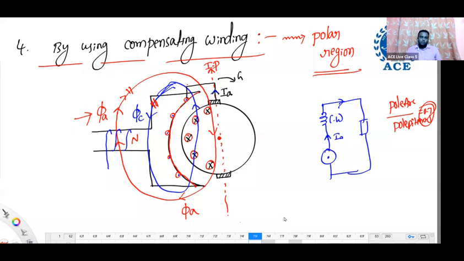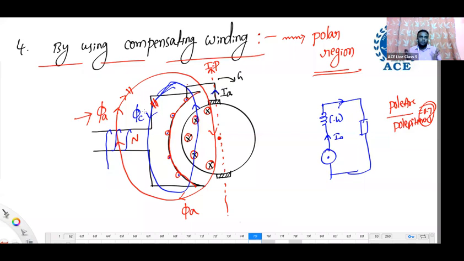It won't affect the main flux because when there is armature flux, at the same time the compensating flux is also produced, and both cancel each other. So there is no effect of armature flux on the main flux.